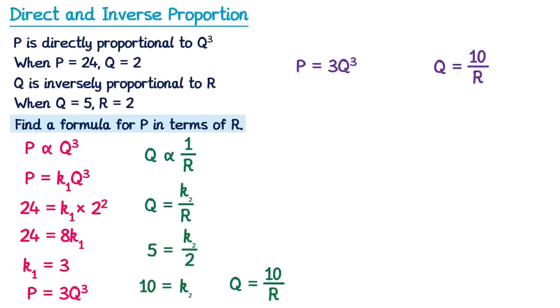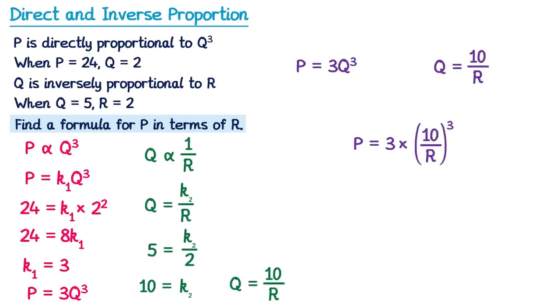So we want a formula that starts with p but doesn't have any q's in it and instead has r's. So what we'll do is take the first one, p is equal to 3q to the power 3, but we're going to substitute the q. We know from the second one that q is equal to 10 over r, so we can replace that q to the power 3 with 10 over r to the power 3.